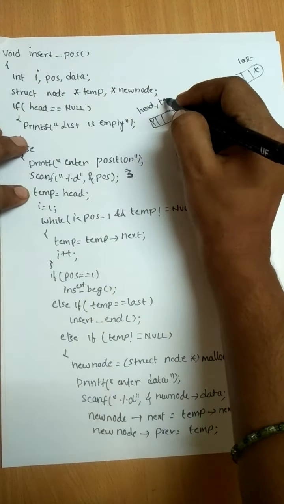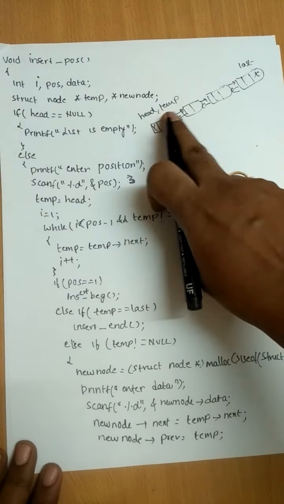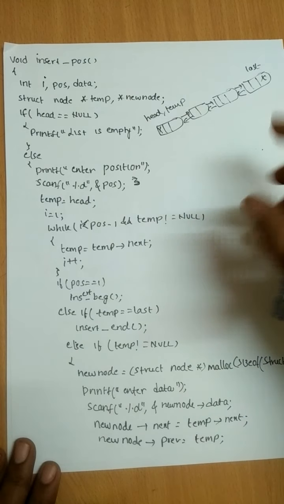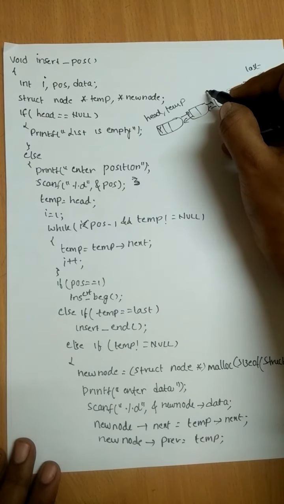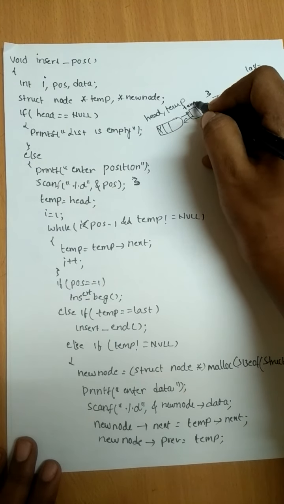What is the other condition we have to follow? Our temp should not be null. That means we have to move this temp until one position previous to the node where we have to insert. We have to insert at position 3. Previously this is the third node. We have to move our temp to here.